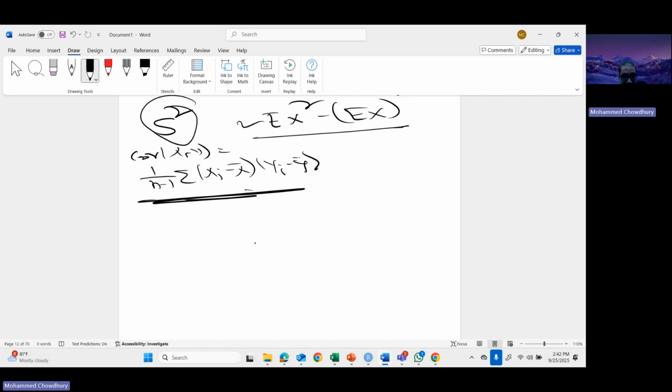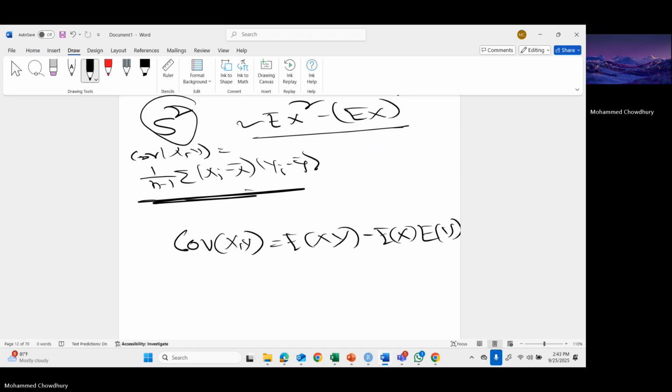The covariance of x comma y can be obtained by finding the joint expectation of x and y minus the product of the individual expectations of x and y. This is the formula for the covariance when data is provided in terms of a probability distribution. Two random variables with their associated probability are given, then how to find the covariance. Clear, right?